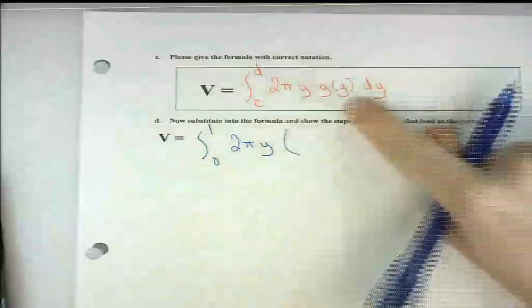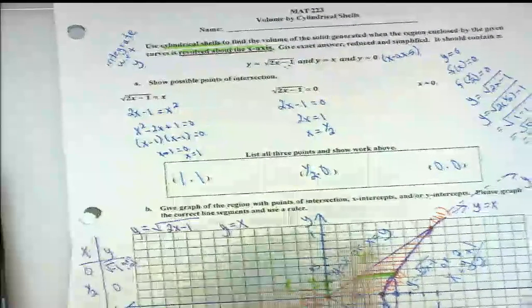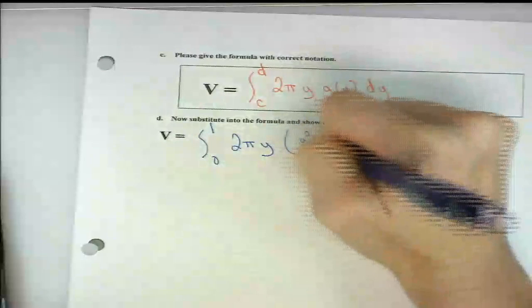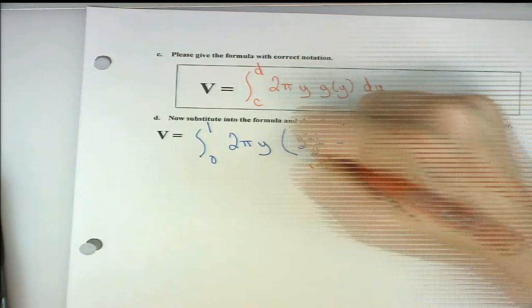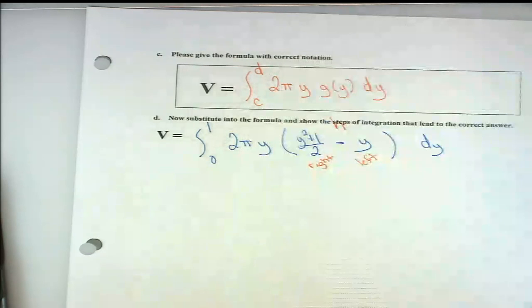2 pi times, and this is where the height is something other than g of y. So there's the setup for the problem.